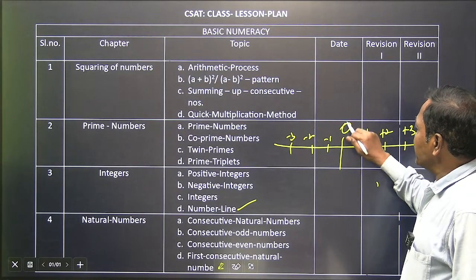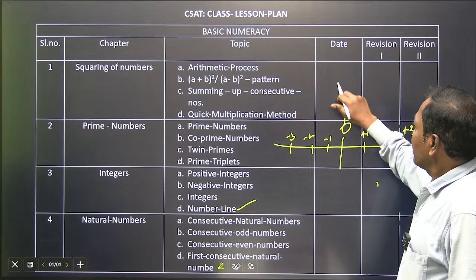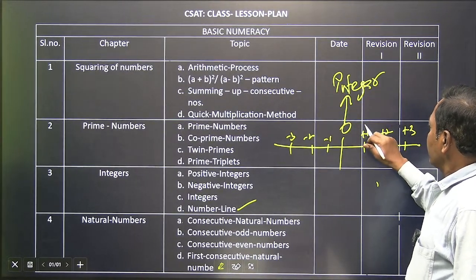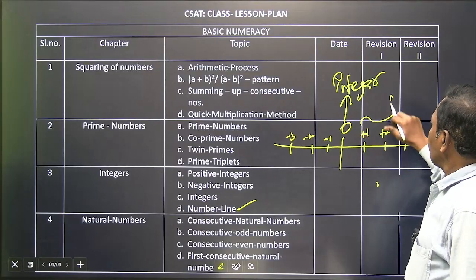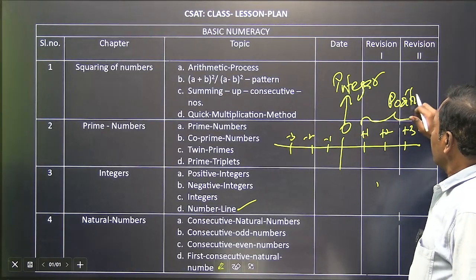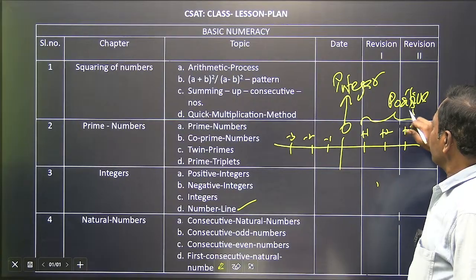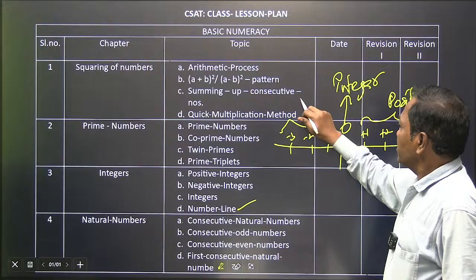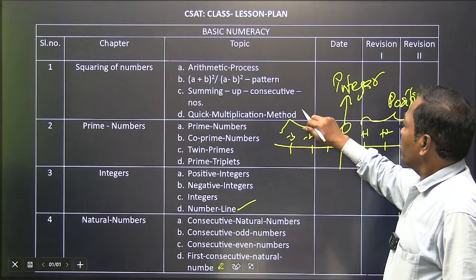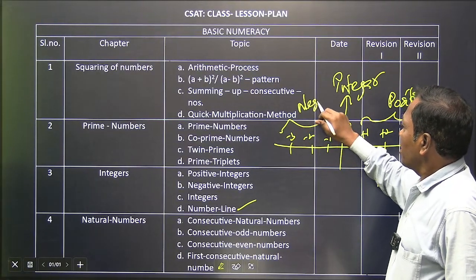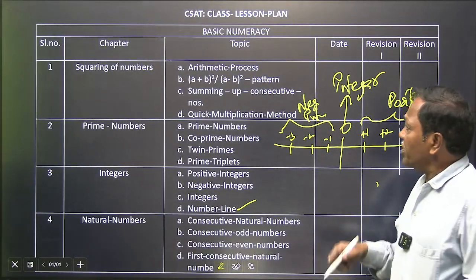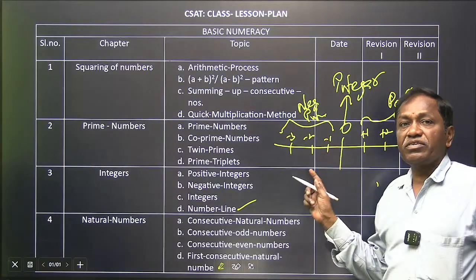So this is integer. This is the positive integers, and this is the negative integers. Almost every alternate year, you will see one question straight away.